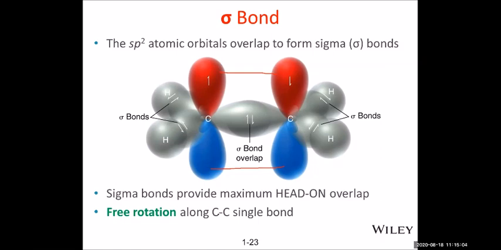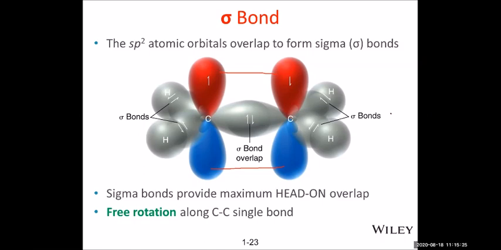When there's a single bond, it has free rotation, but with a pi bond, the rotation becomes difficult. So first we have the sigma bonds. All the gray bonds are the sigma bonds. Yes, questions?